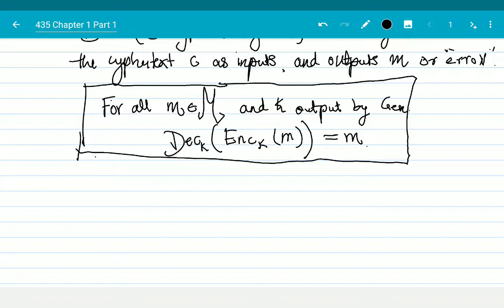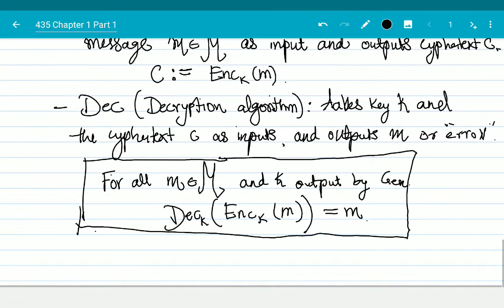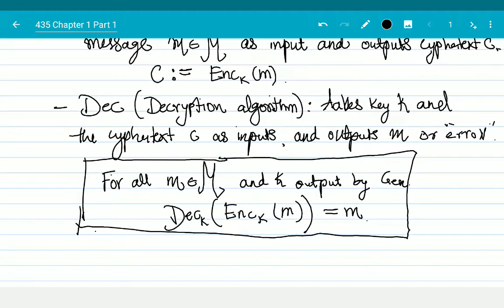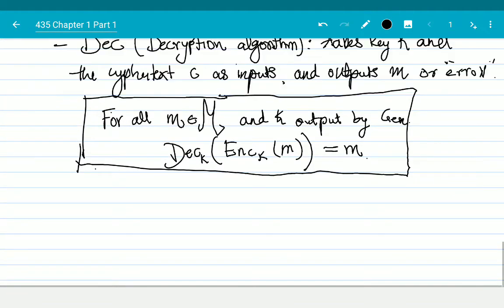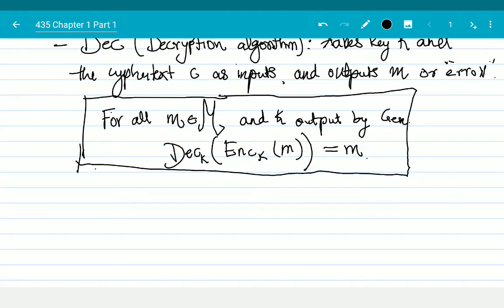Okay, so now there are multiple ways of doing this, right? So the key is private, the key is known only to me and someone else. But now the problem is, if the key does become known, if the message and the key does become known, I don't want my enemy to still be able to figure it out, because I have some encryption algorithm, I have some decryption algorithm. The adversary should not be able to figure out how to solve my code, right?